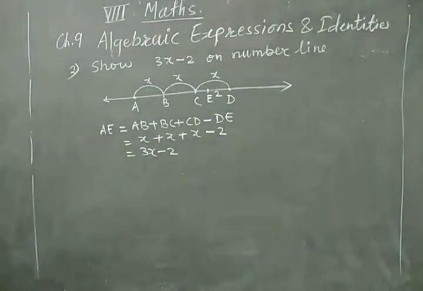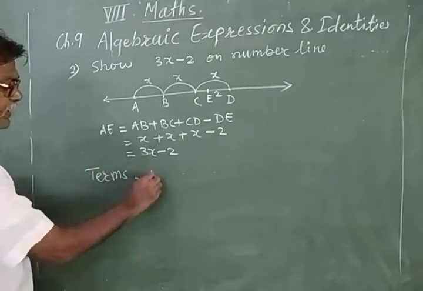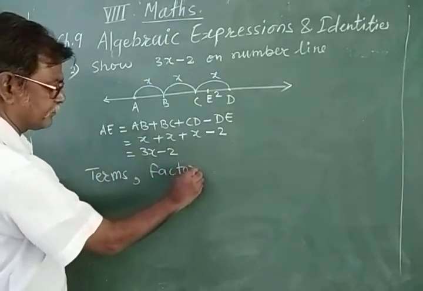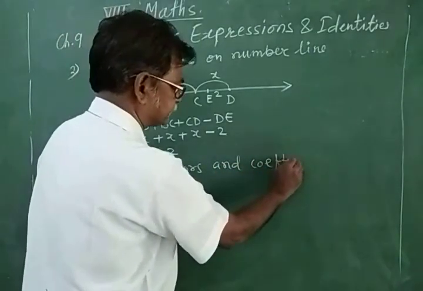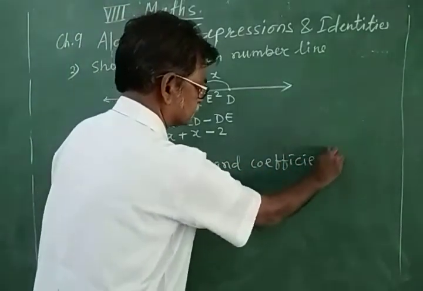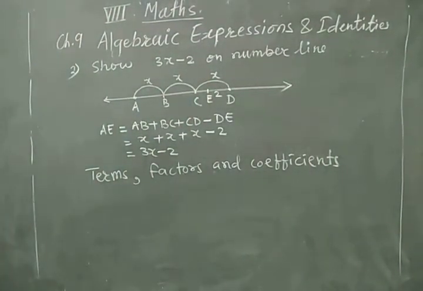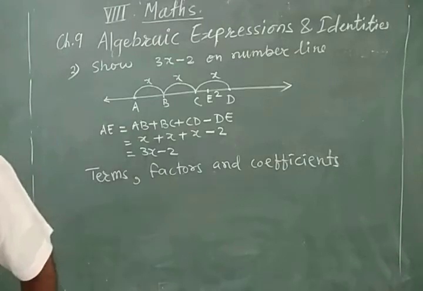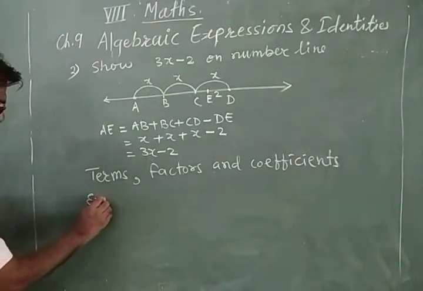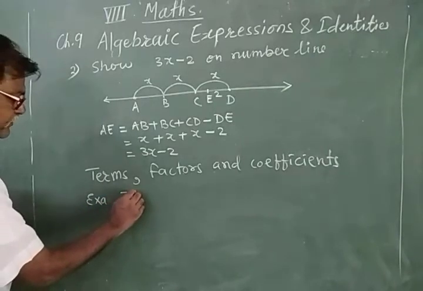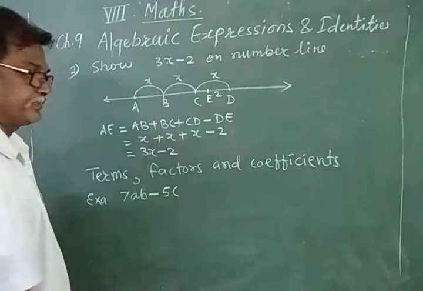Now the next part is terms, factors, and coefficients. For example, 7ab minus 5c.